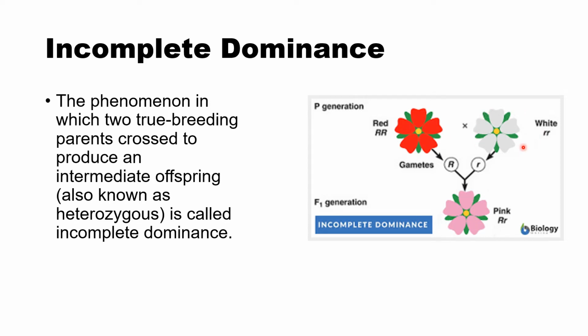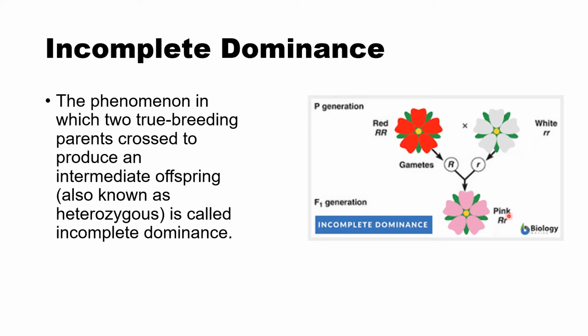So, in incomplete dominance, pag nag-cross na yan, yung kalalabasan ngayon is a heterozygous na offspring wherein it will have the allele from one of the parents and then another from the parents. So, yung kalalabasan ngayon is yung gene niya is may dominant allele at saka recessive allele.